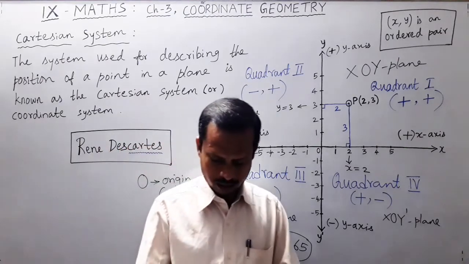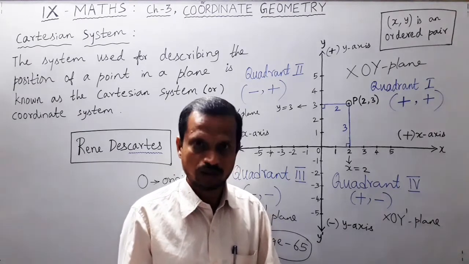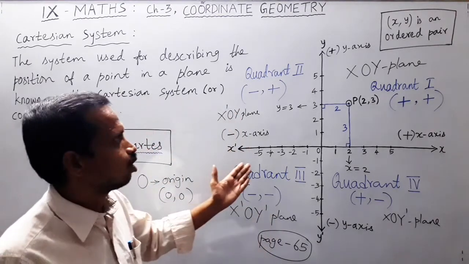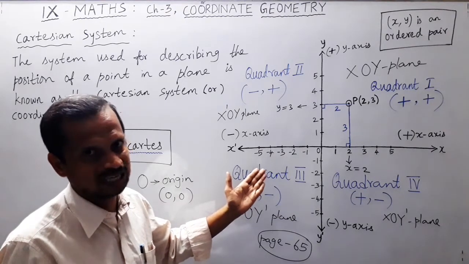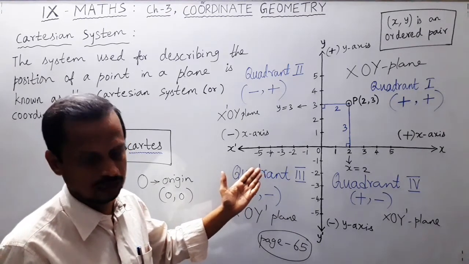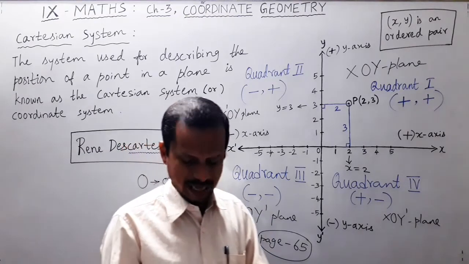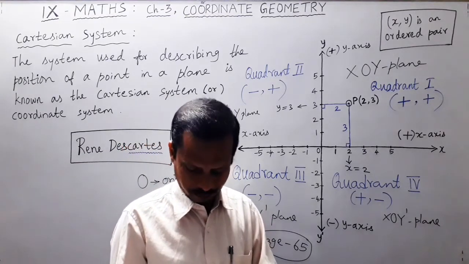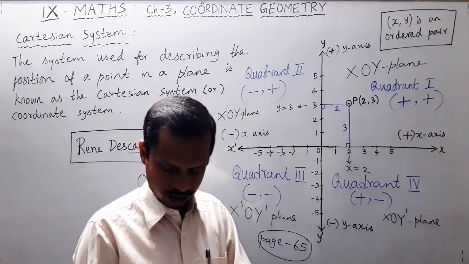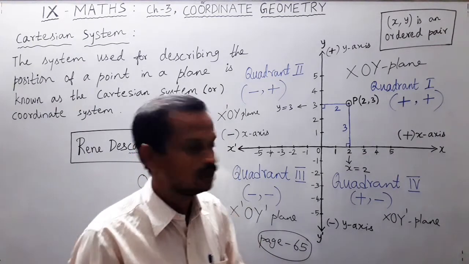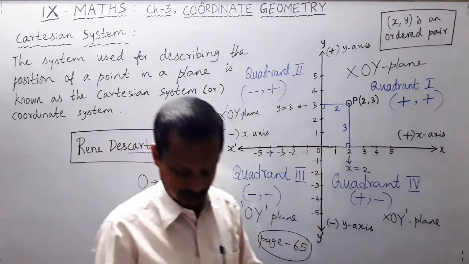The plane is called the Cartesian plane or coordinate plane or XY plane. And the lines are called the coordinate axes. Clear? X, Y, these are called coordinate axes.